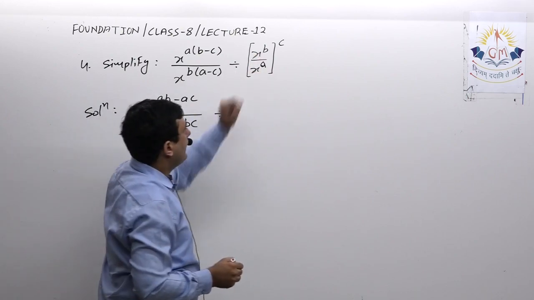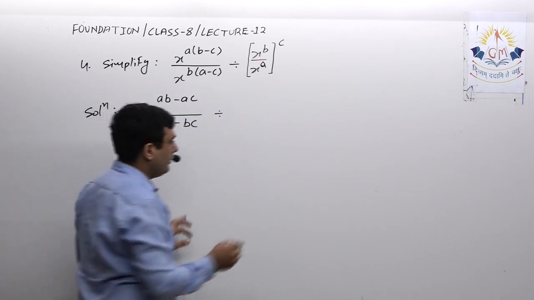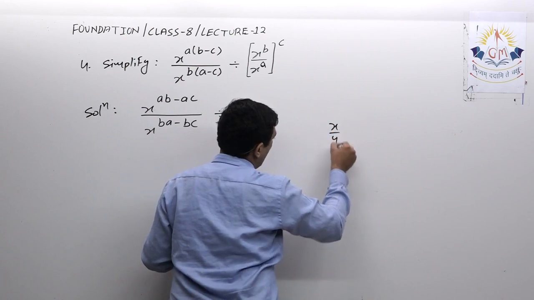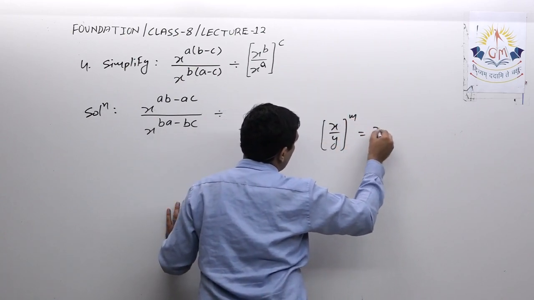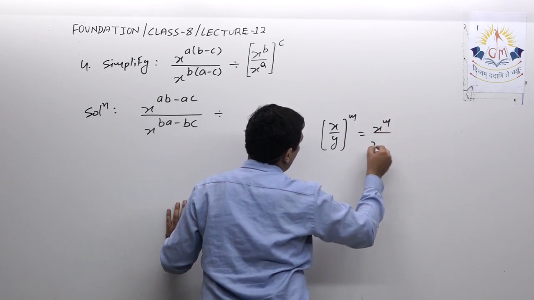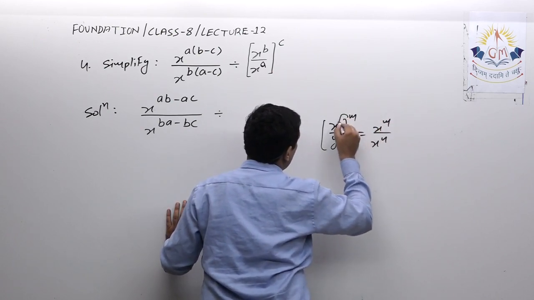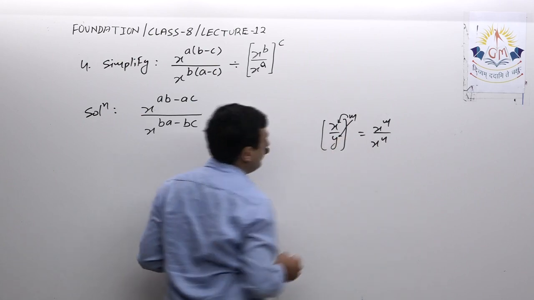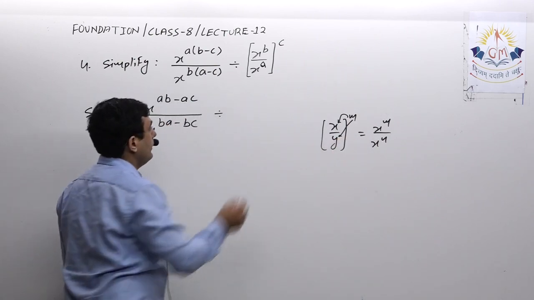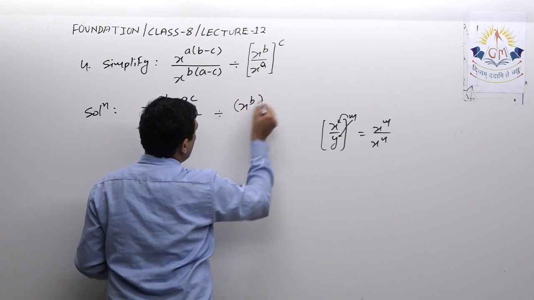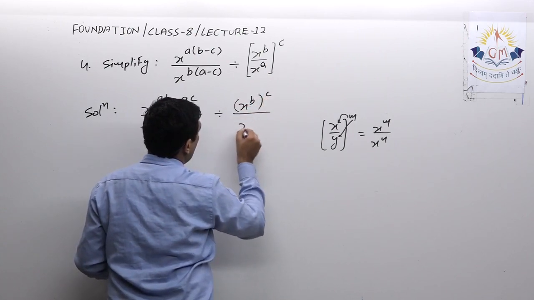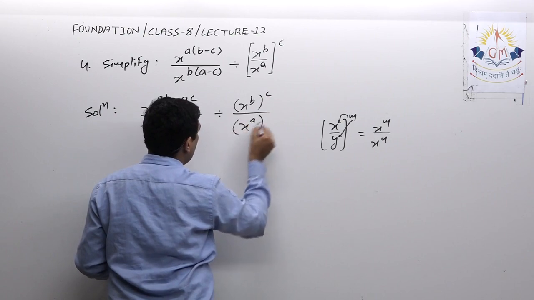Now here I can apply one law. Which law? If I have x upon y raised to m, then I can write x raised to m upon y raised to m. That means this power will come on both the terms. In a similar way, here I can write x raised to b raised to c upon x raised to a raised to c.